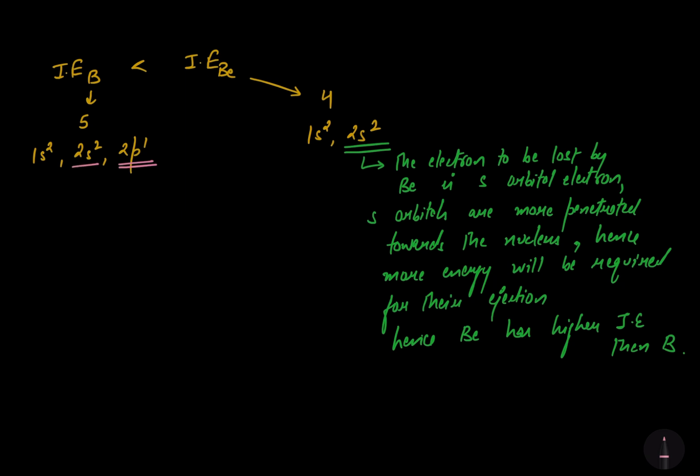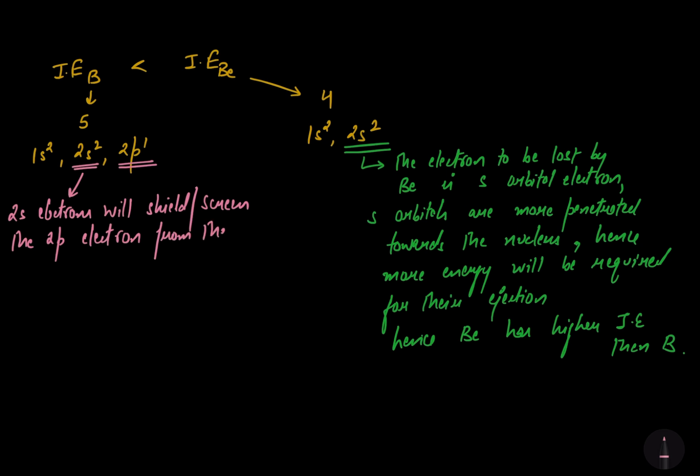But on the other hand, the 2s electrons will shield, or you can say screen, the 2p electron from the nucleus, thereby decreasing the ionization energy of boron compared to beryllium.